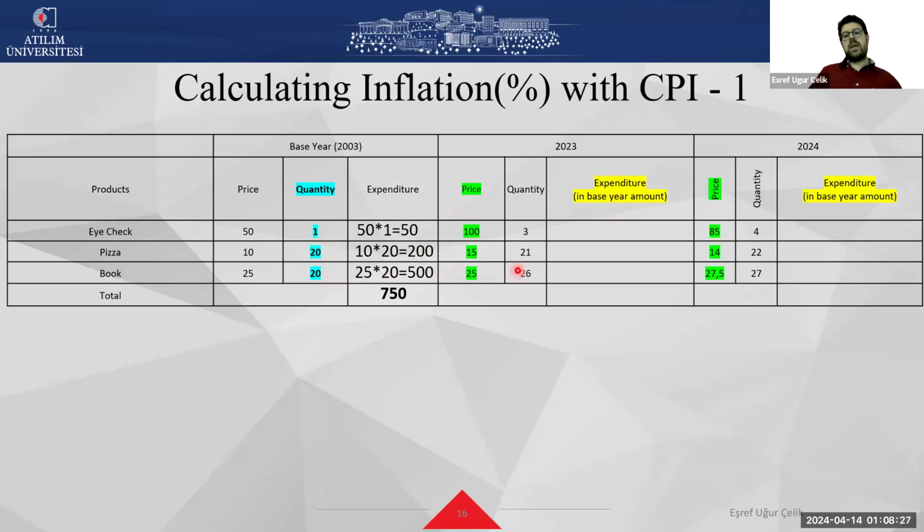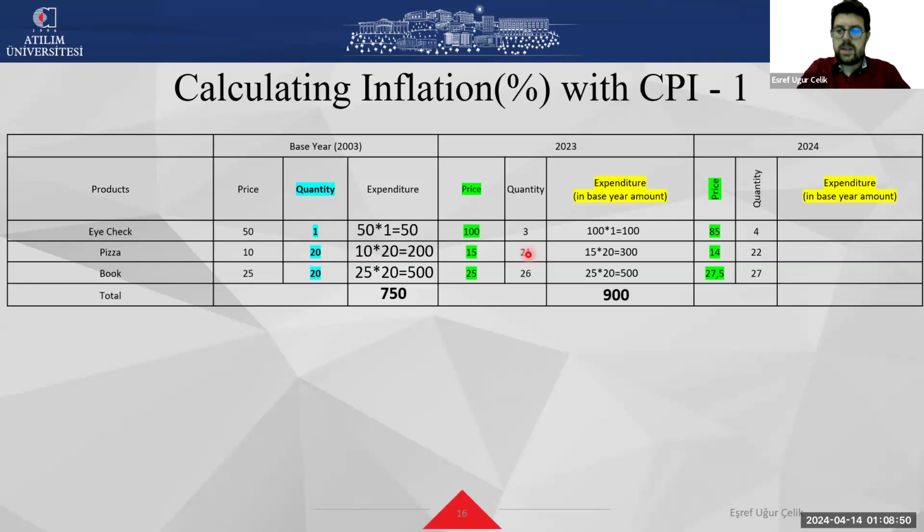Okay? We don't take this quantity because we are fixing the basket, or we are fixing the quantity of the base year. So the expenditure in the base year, by taking the base year amount, is equal to 900 for 2023.